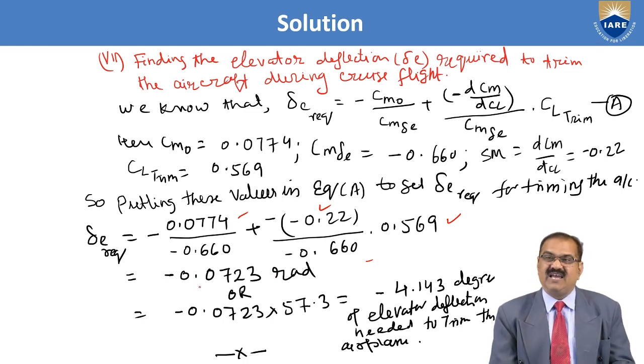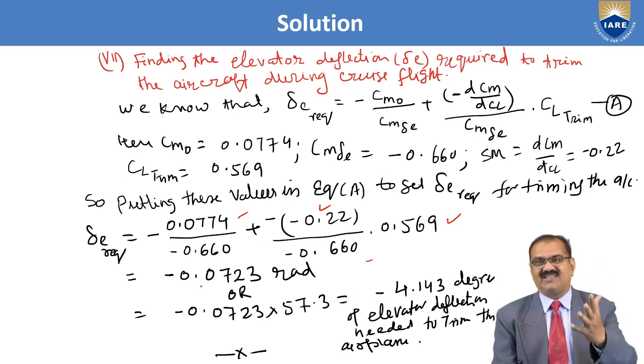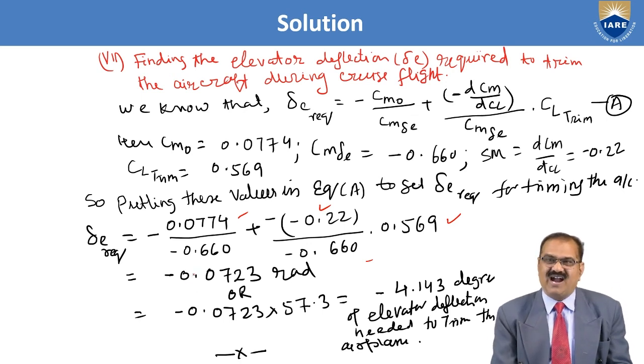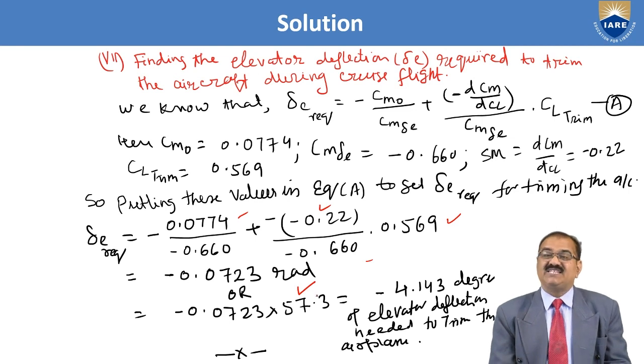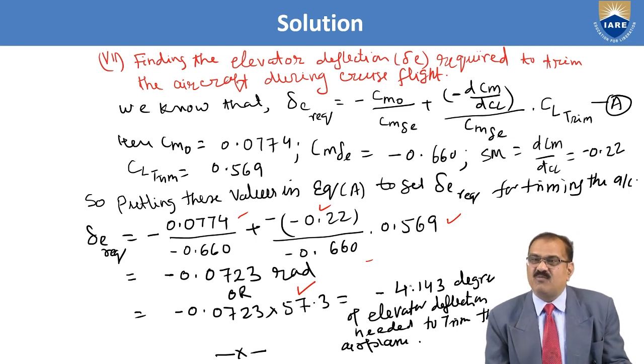Radians will not give much feeling, but if you convert this into degrees, you will understand how much we have to deflect. So we got minus 0.0723 radian, multiplied by 57.3 to convert to degrees. So you will get minus 4.143 degrees.